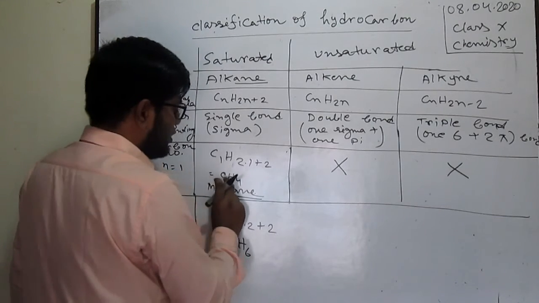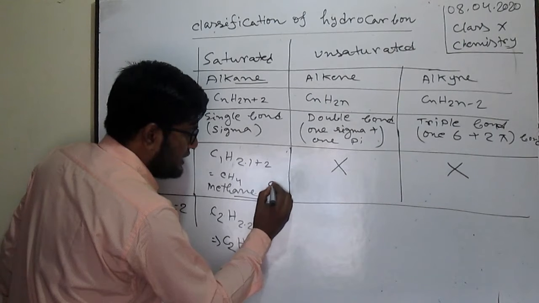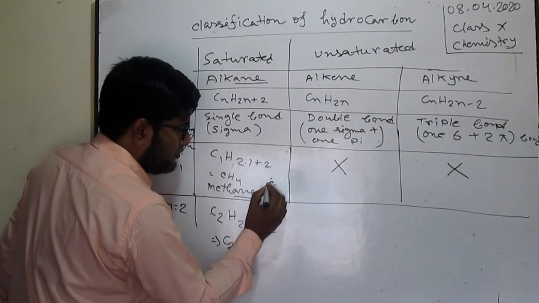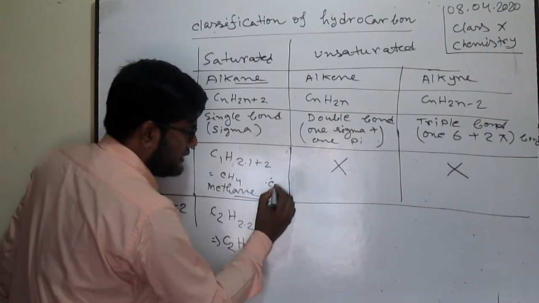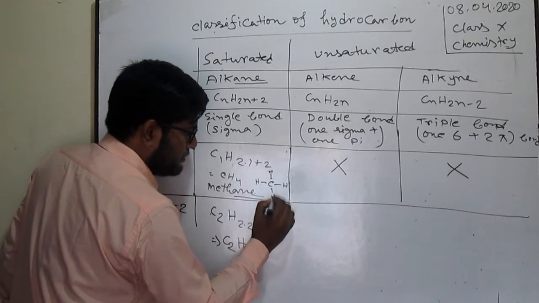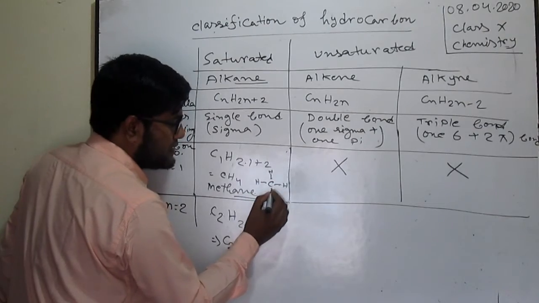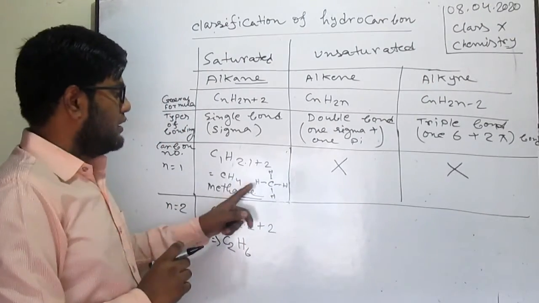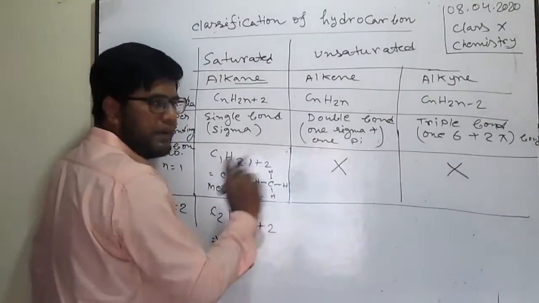Here the structure of methane: the valency of carbon is 4, so the 4 electrons of carbon are attached with 4 hydrogen atoms. All of them are single bonds, that means sigma bonds. You know about sigma and pi bonds.